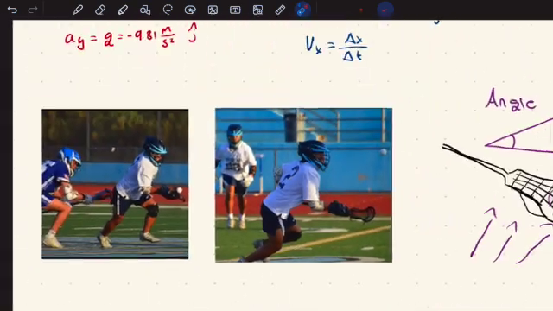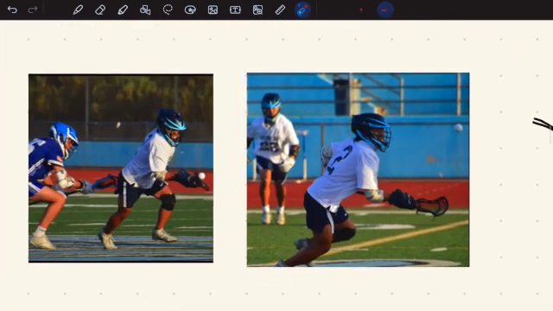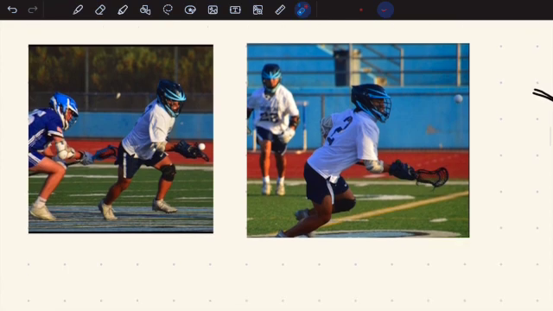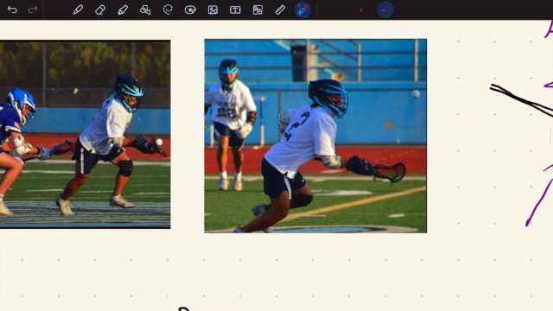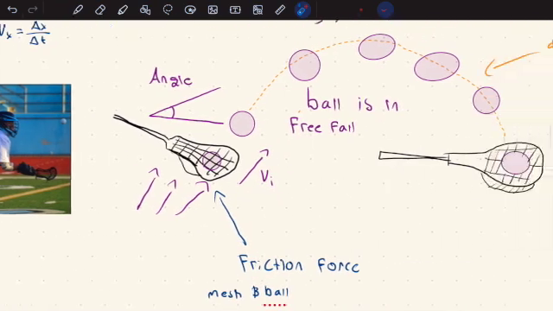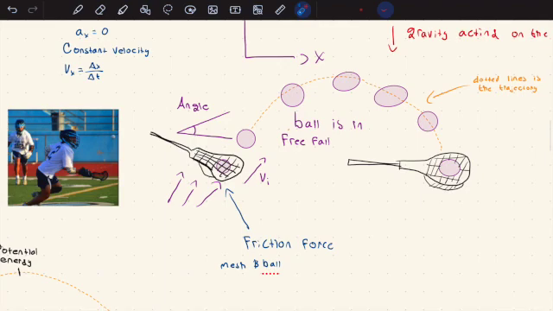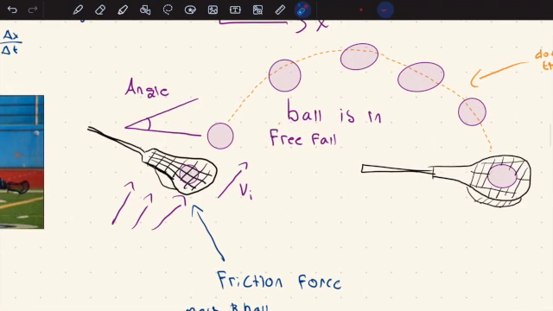Right here, it's me facing off. I have a ball, and you can see I exerted force on the ball, so it pops out of my stick and you can see the ball going in this direction. Explaining again, there's an angle at which we pop the ball so it can make this trajectory.